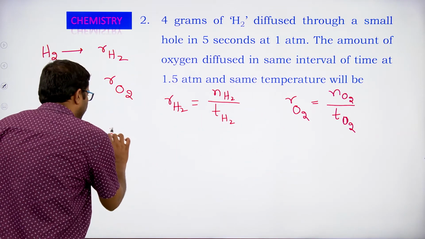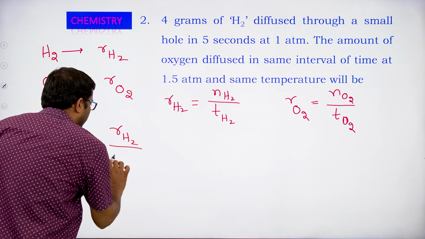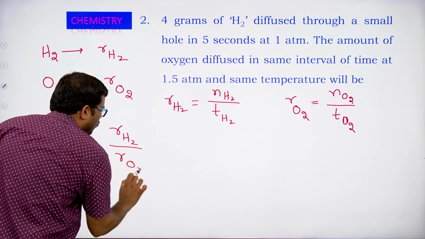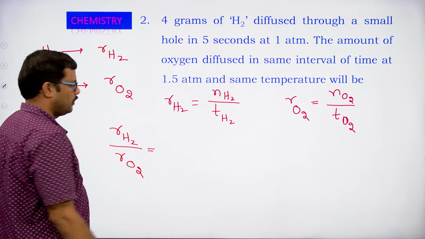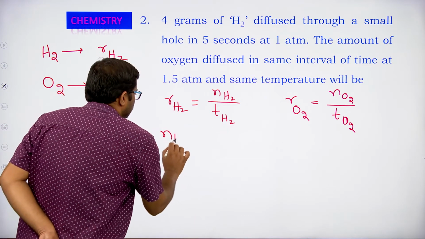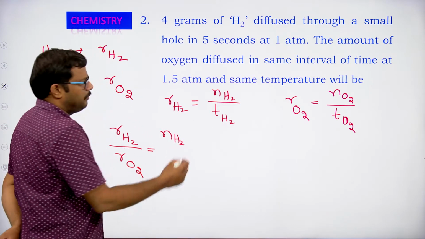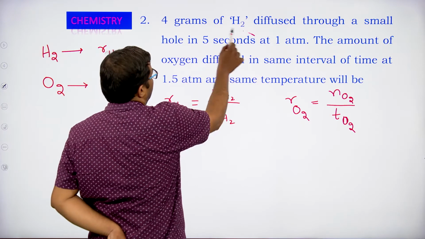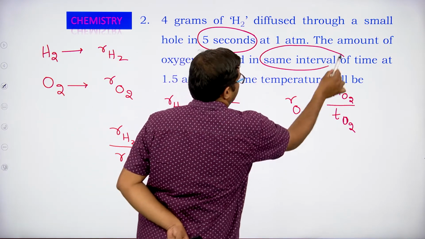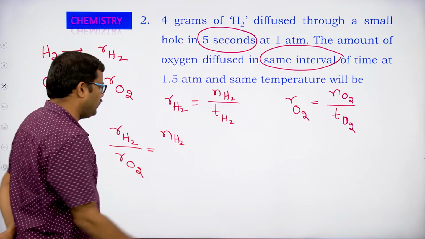Now take the ratio RH2 by RO2, which is equal to number of moles of hydrogen by time. Here if you observe, the time taken for the two gases is the same. So I am omitting the time parameters in the equation.